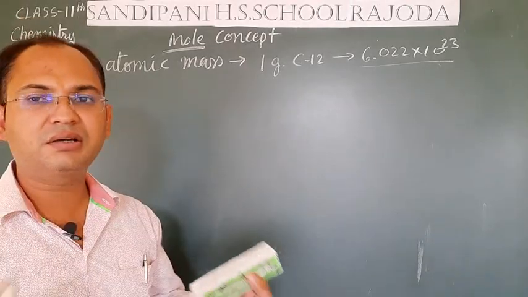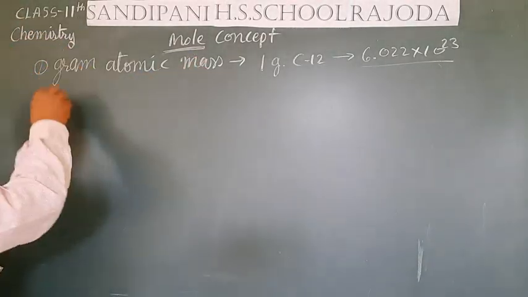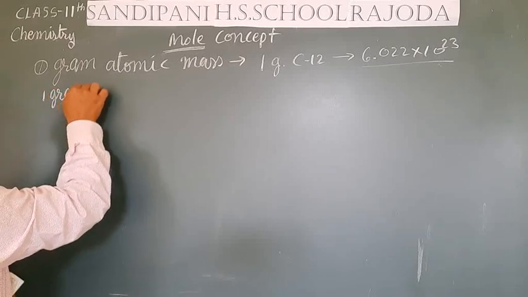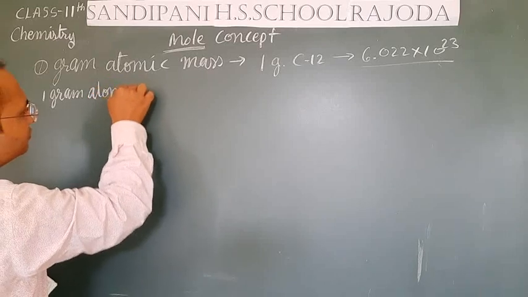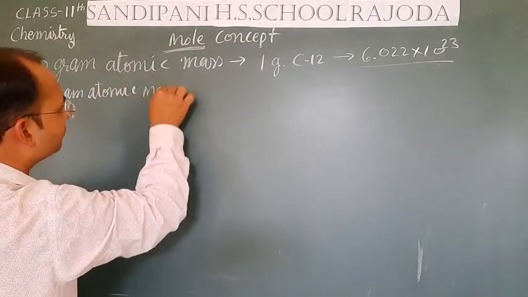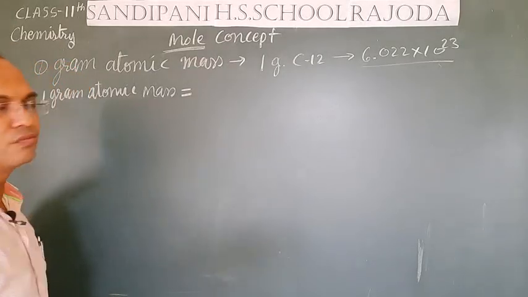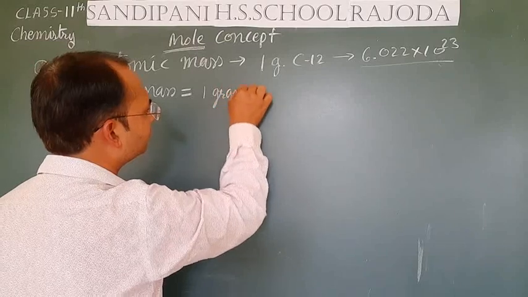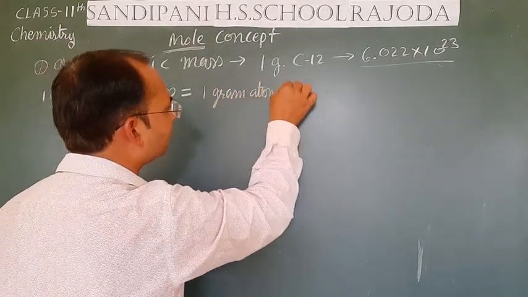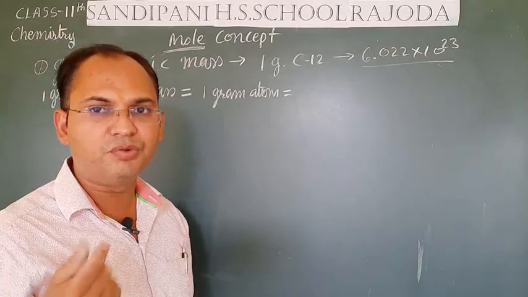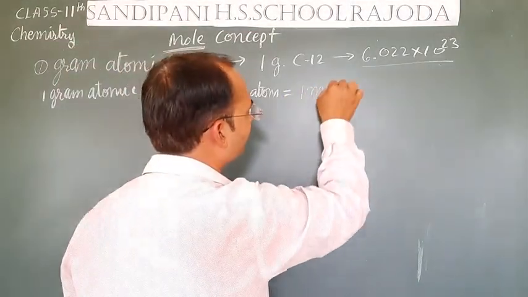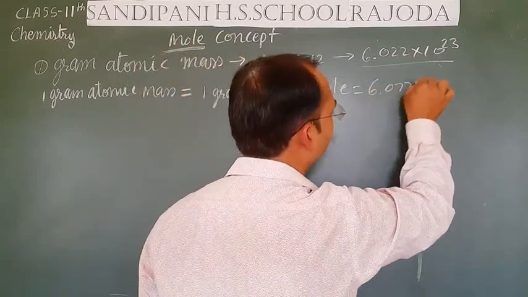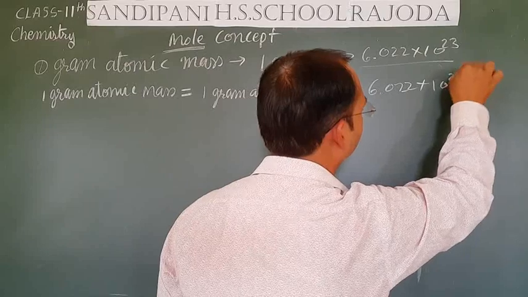So let's interrelate all these things. If we interrelate these things, then 1 gram atomic mass will be equal to 1 gram atom, and it will be equal to 1 mole, and 1 mole is equal to 6.022 into 10 to the power 23.